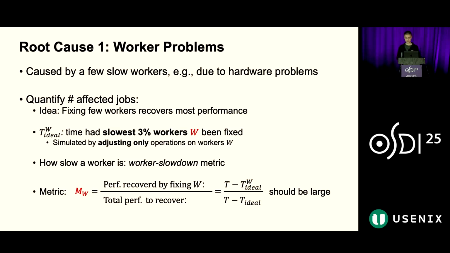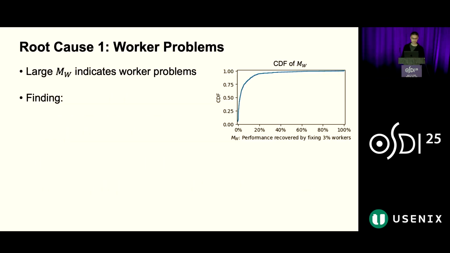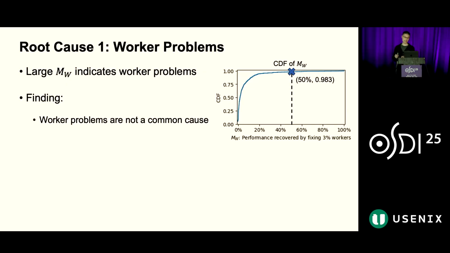In this case, M_W should be large. So we show the M_W of all the jobs in this CDF graph, and we choose a relatively high threshold, 50%. Surprisingly, we find that most jobs are actually below this threshold, meaning that worker problems are not a common cause in our cluster.